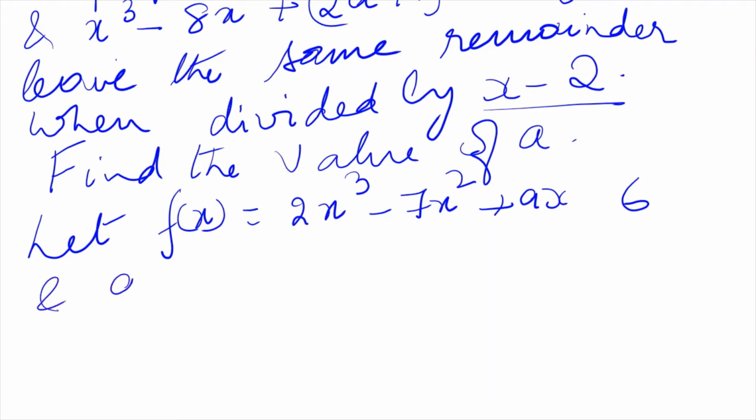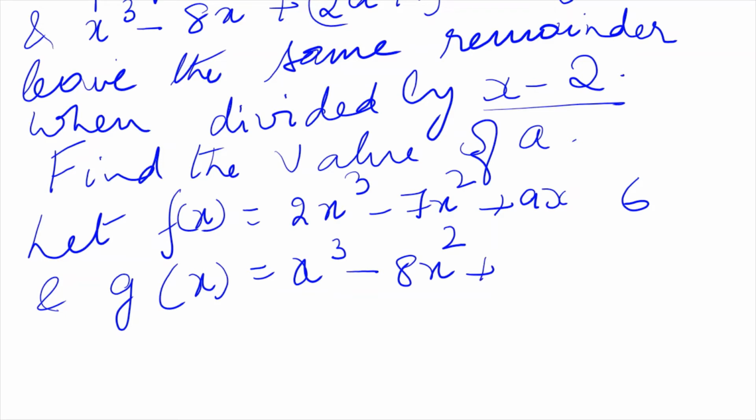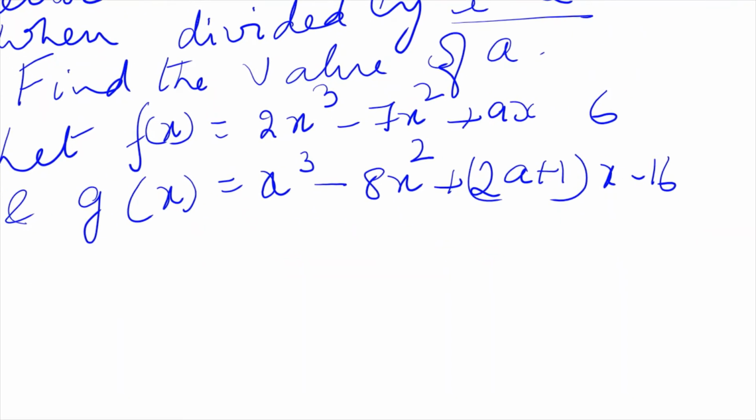And the other expression, let us call it g(x). g(x) is equal to x cube minus 8x square plus (2a plus 1)x minus 16. Now both are divided by x minus 2 and the remainder is the same.